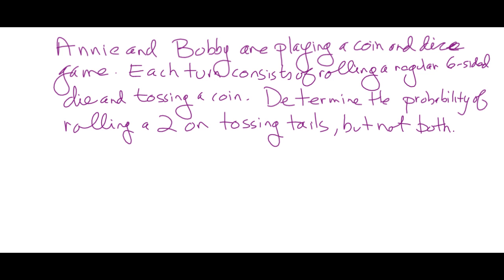Okay, so we can roll a 2 or toss tails, but not both. So you could list all the possible outcomes, find out how many of them are rolling a 2, find out how many of them are tossing tails, but not count the one that's a 2 and a tails, right? We could do a little tree diagram, but we don't need to list every possible outcome, right?